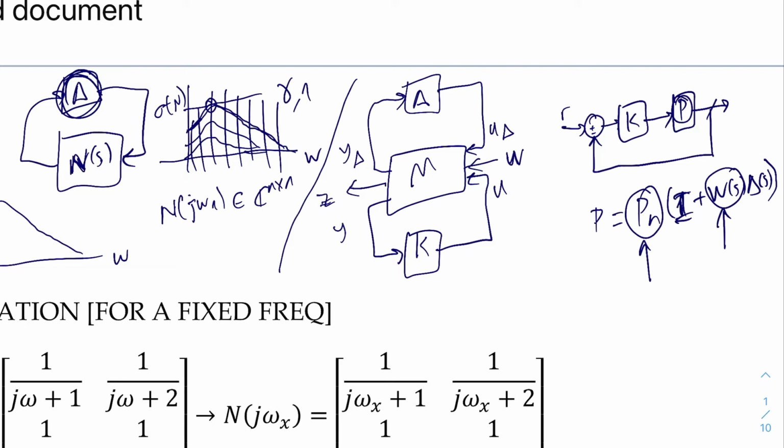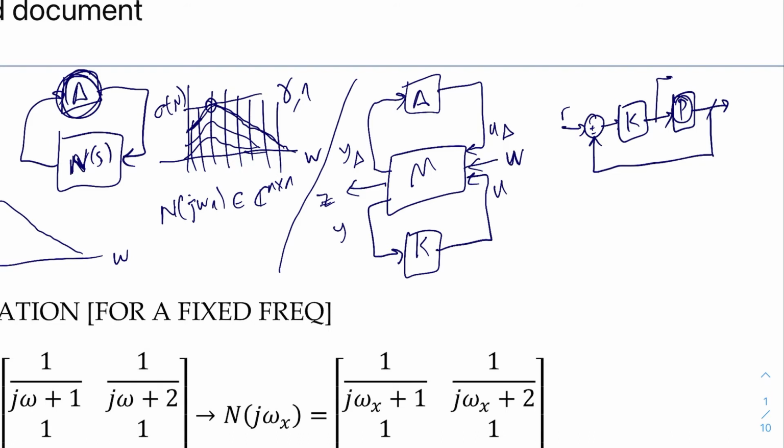And then by using our information, we can just compute the nominal plant representation, transfer function, and the weight corresponding to that uncertainty. I'm speaking of course of the general cases. Let's say we have something like this, okay?